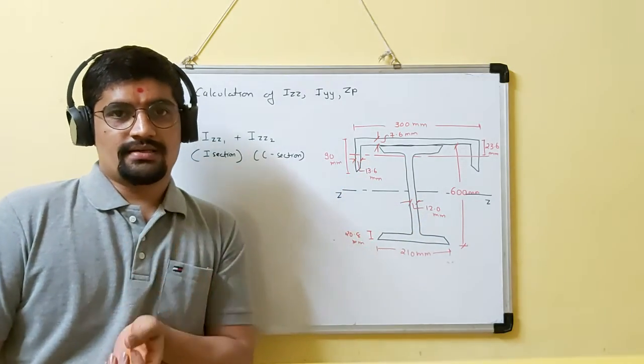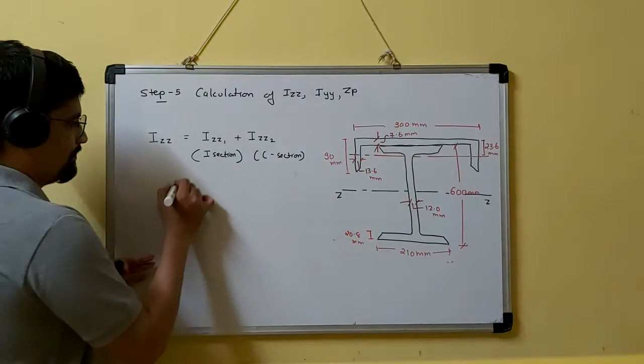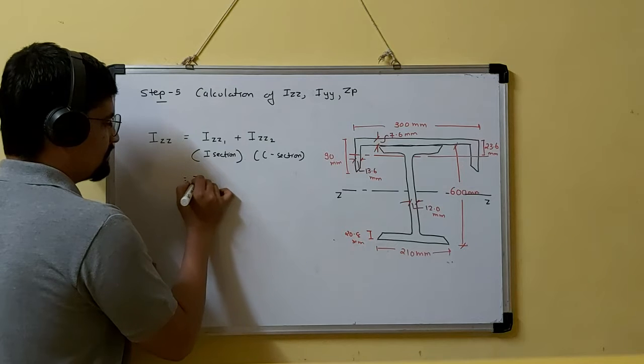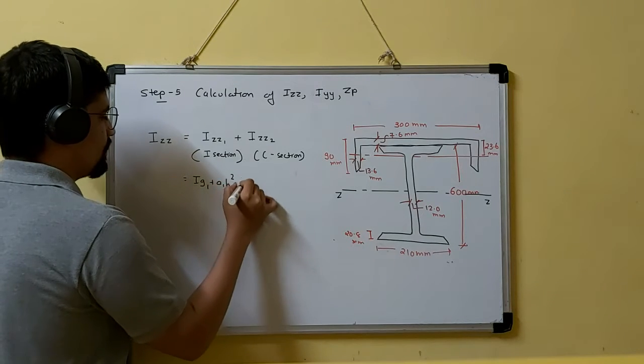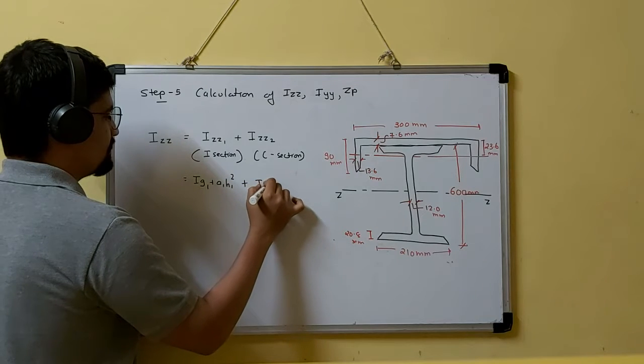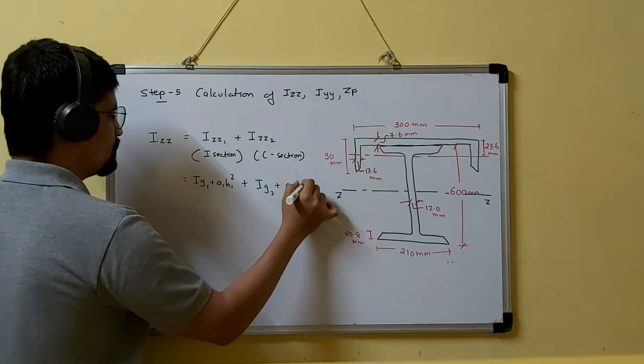If the section is unsymmetric, then the equation of moment of inertia is Ig1 plus A1 H1 square plus Ig2 plus A2 H2 square.